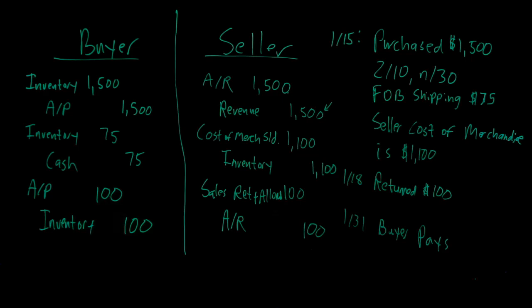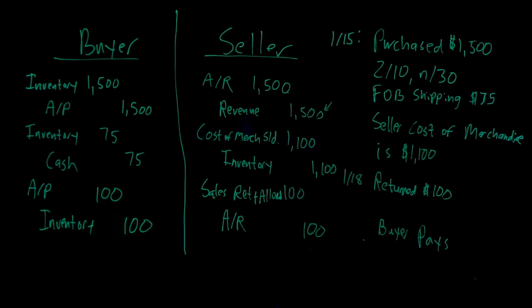All right, so finally on January 31st, the buyer's going to pay. Well, it's only 2/10 net 30, so 10 days past the 15th would be the 25th. So on the 31st, if the buyer paid, would they get a discount? No, because it's past the 10 days. But let's change this up a little bit.